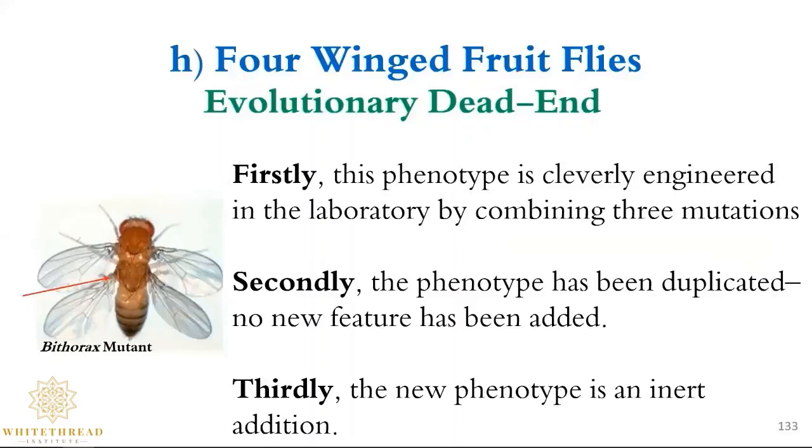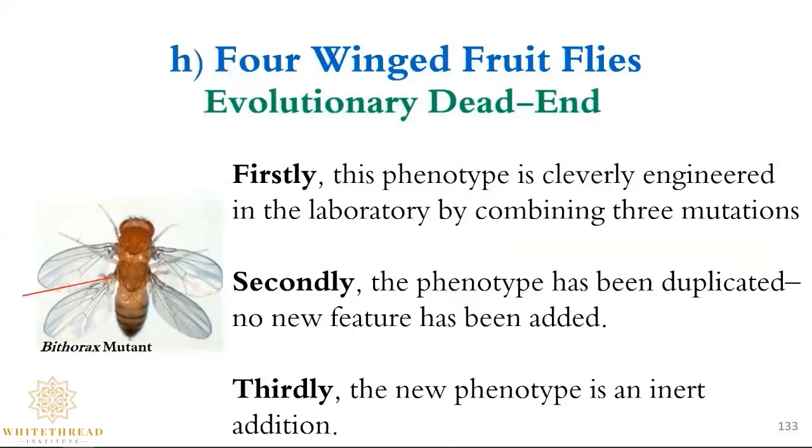Thirdly, the new phenotype is an inert addition. So the new wings have no muscles, and they just sit there useless. They don't enable the fruit fly to fly any better than it was flying before. Rather, it makes the fruit fly have this extra weight on its back, which is unnecessary.